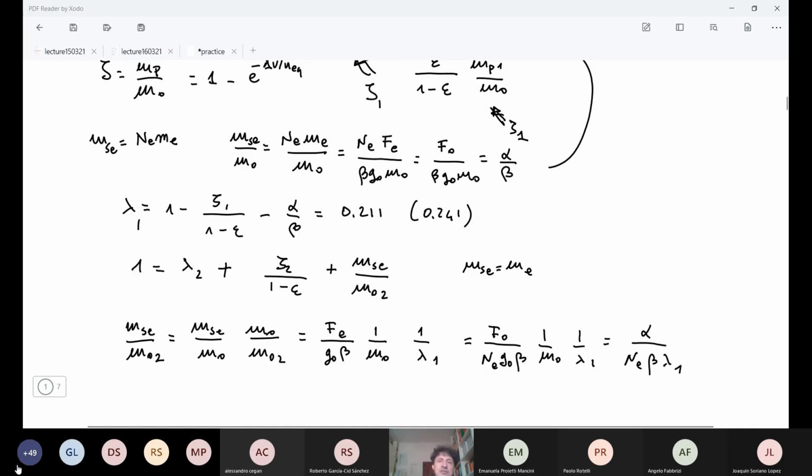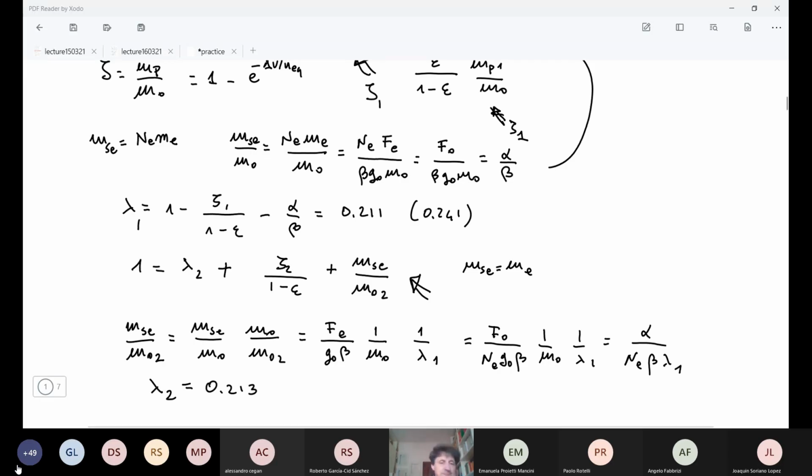So we have also this term. We know also how to calculate this term. Zeta, of course, will be 1 minus zeta 1, because we have the same expression. And we can make substitutions, and we obtain that our lambda 2 is equal to 0.213.